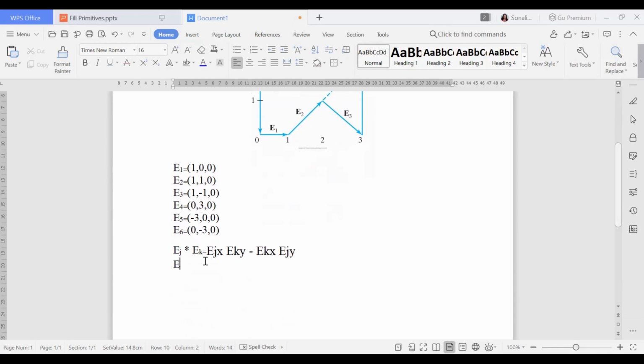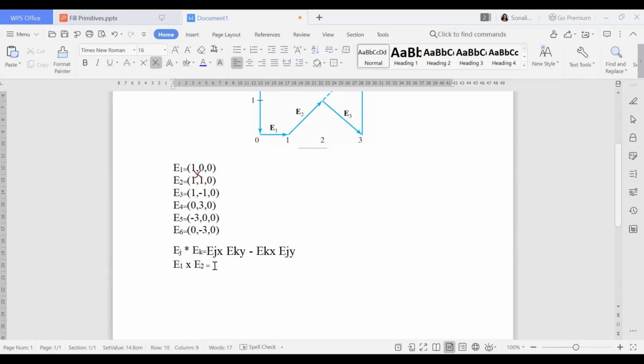I'll write down E1, this is my multiplication, E2. You are going to find this value by putting in this formula, and you are going to do the cross multiplications like this and like this, so that you remember.